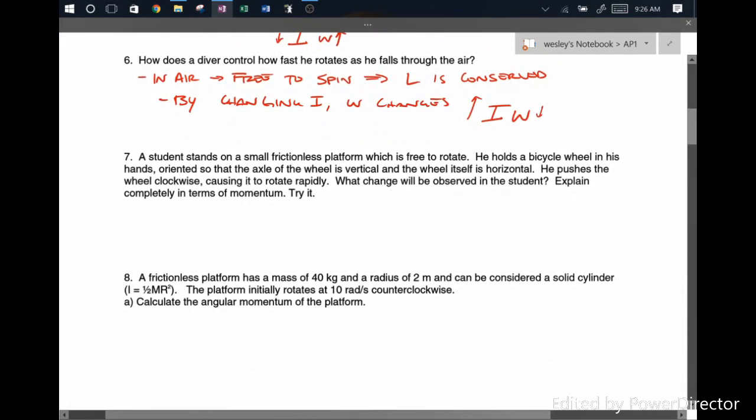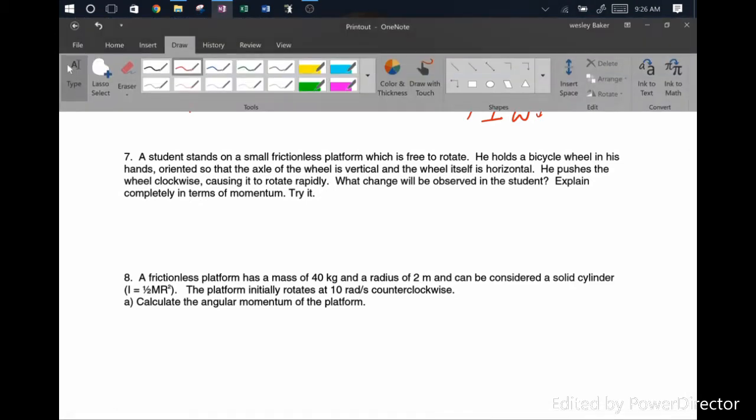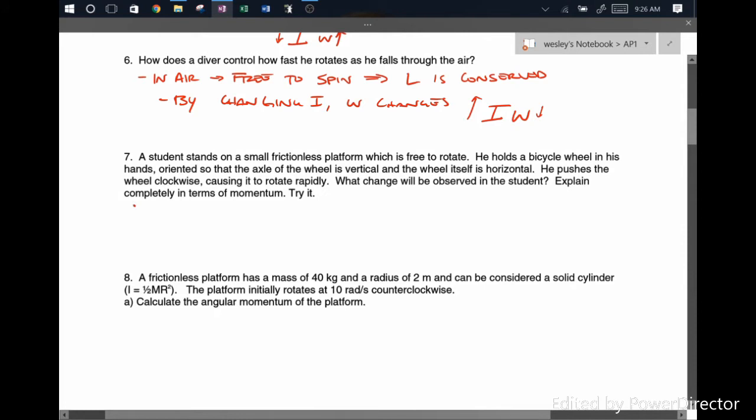So, the student stands on a small, frictionless platform that is free to rotate. He holds a bicycle in his hands, oriented so that the axle of the wheel is vertical and the wheel itself is horizontal. He pushes the wheel clockwise, causing it to rotate. So, since he's on this spinning platform, the whole system is free to rotate.